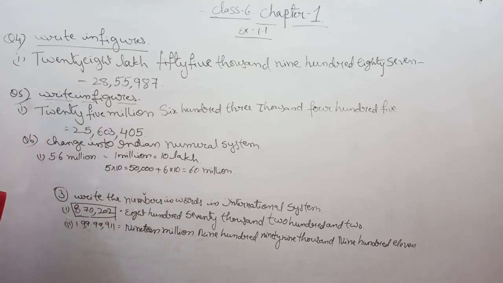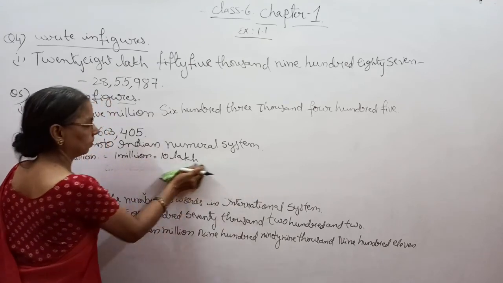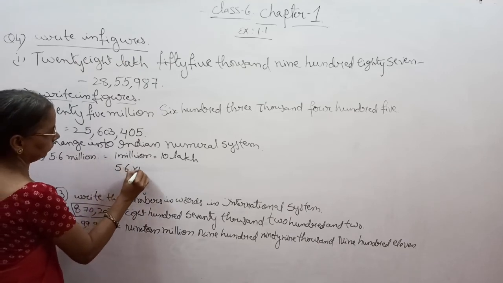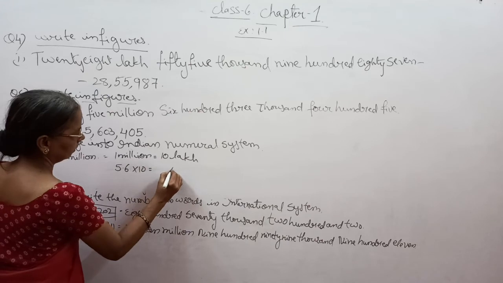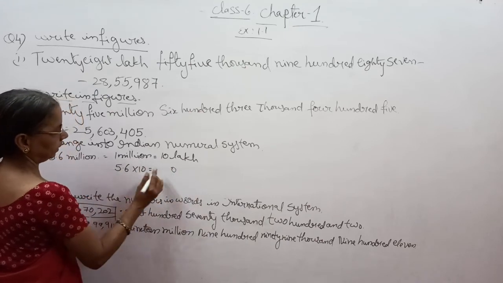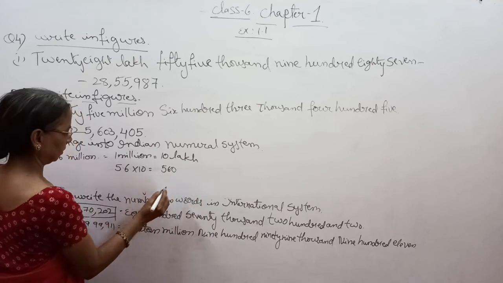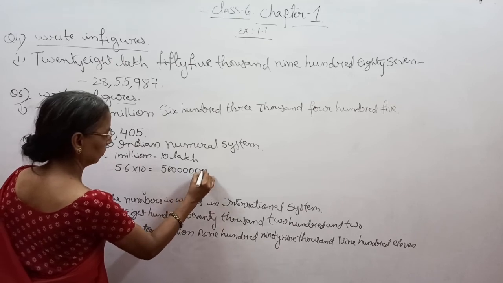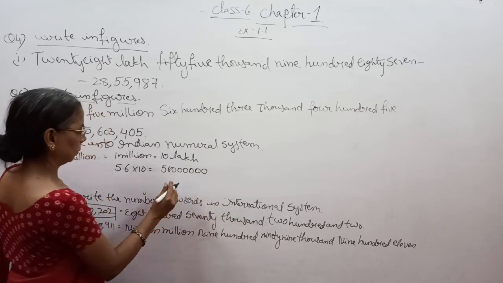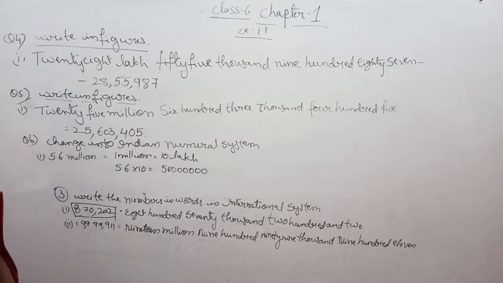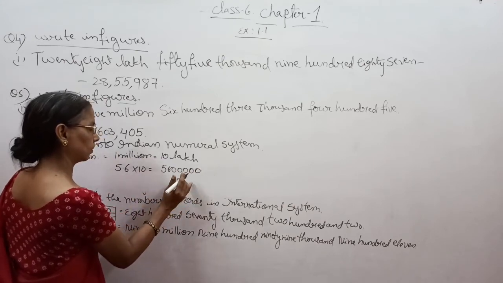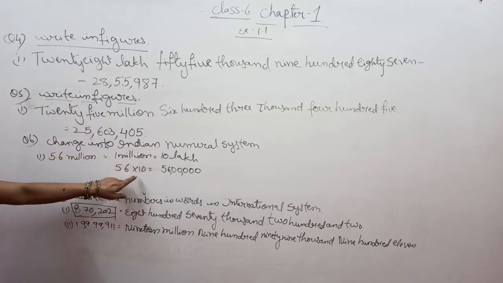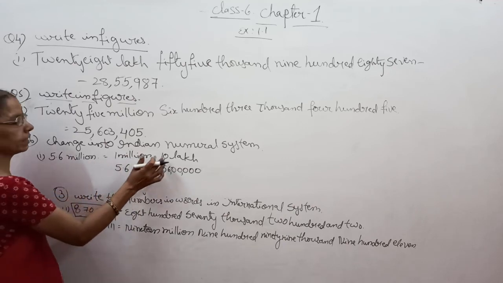Simply, another way is 5.6 into 10, that is 10 6s are 60, 10 5s are 50, 56. That is 56 lakh. 5.6 million into 10, that is 1 million equals 10 lakh.